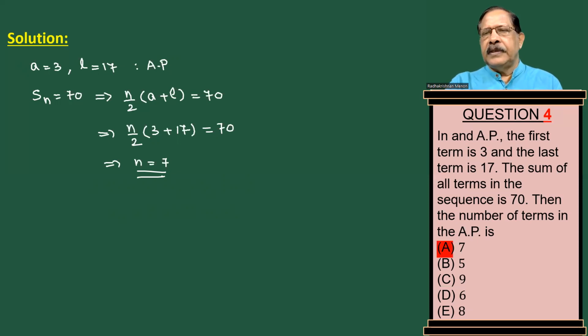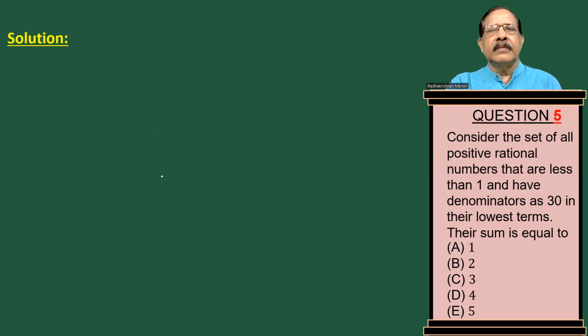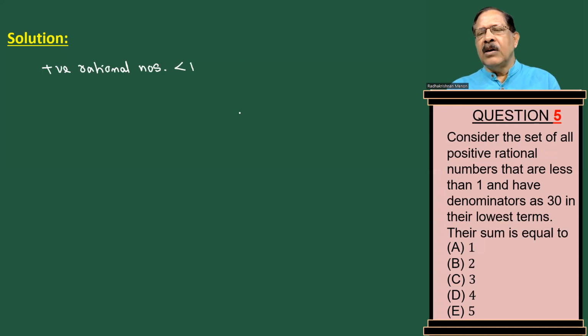Now, the fifth question. Question number 5. Consider the set of all positive rational numbers that are less than 1 and have denominators equal to 30.